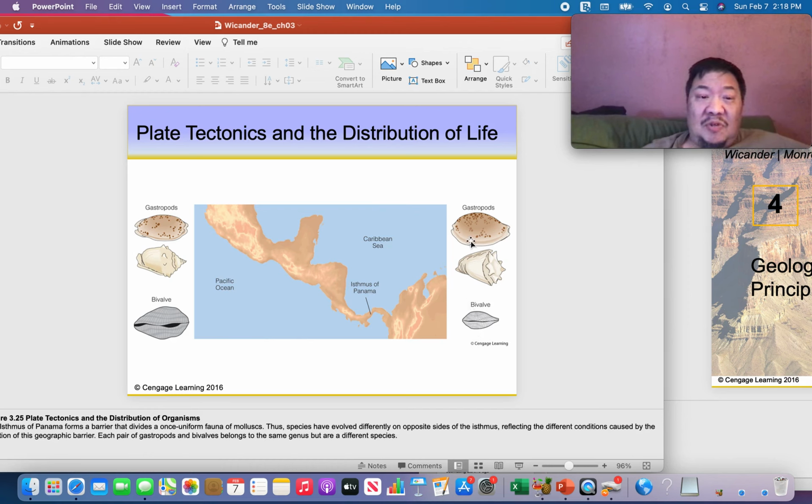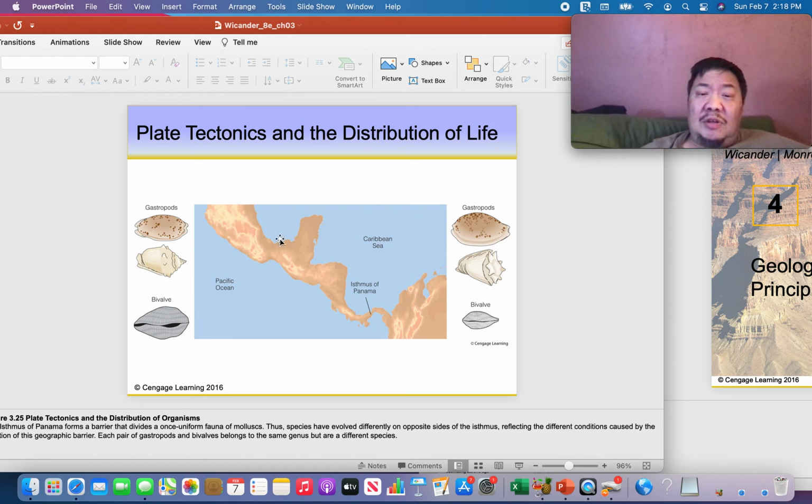For example, this gastropod has a bulge coming out the top, and this one is much flatter. This gastropod has a star-shaped head for the shell, and this one it comes to a point. This type of bivalve on the Caribbean side is smaller, and there's very few gaps between the two shells, whereas this bivalve is much larger on the Pacific side, and it has these two openings.